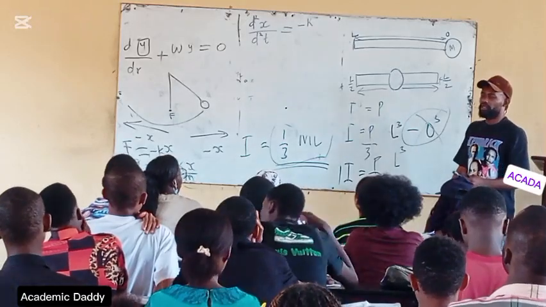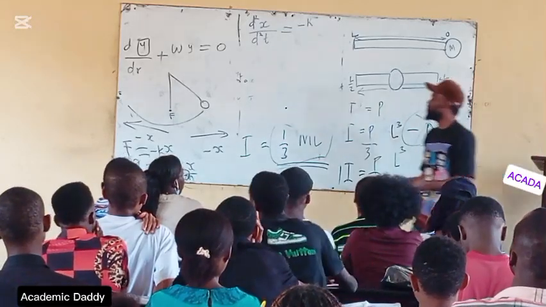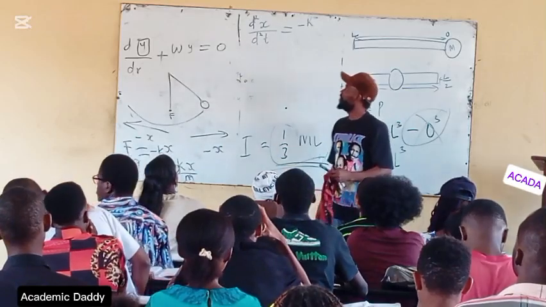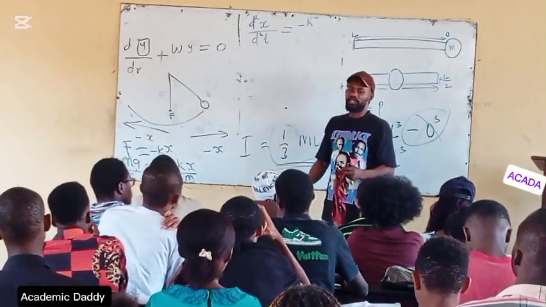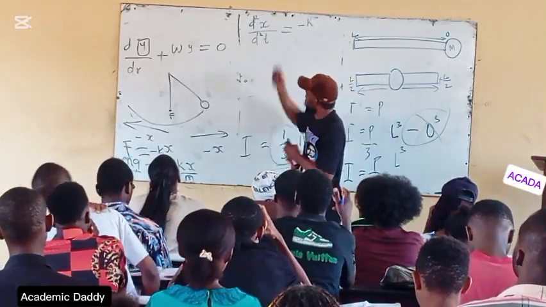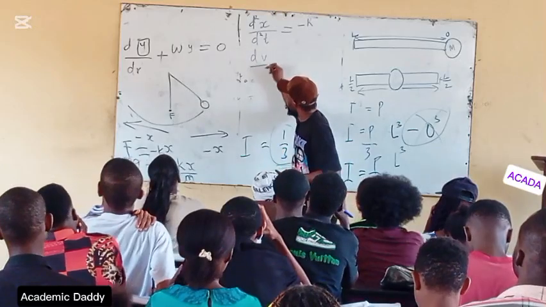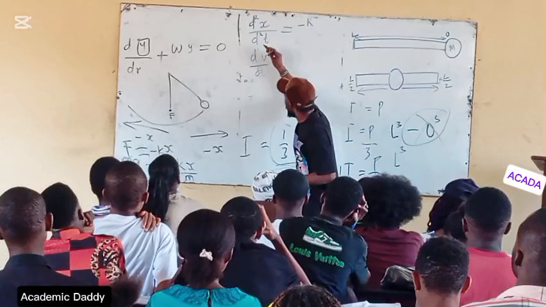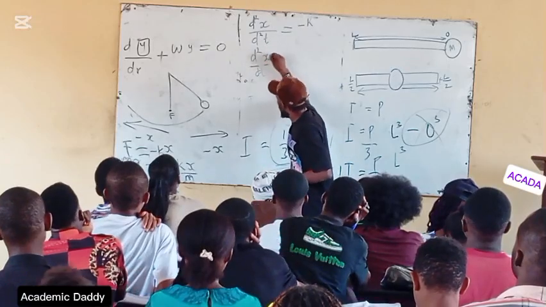Now I'm replacing, is this true? What we have here is acceleration. I'm not saying acceleration is dv over dt, that is for the first derivative. Now for x, it's going to be the second derivative of x.